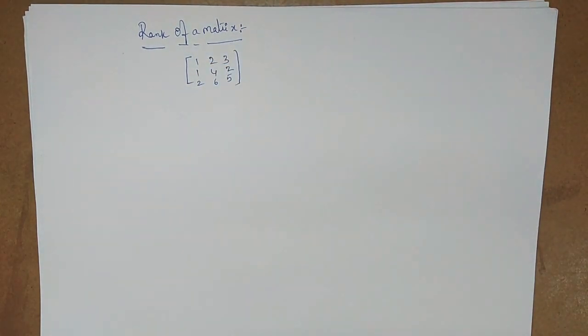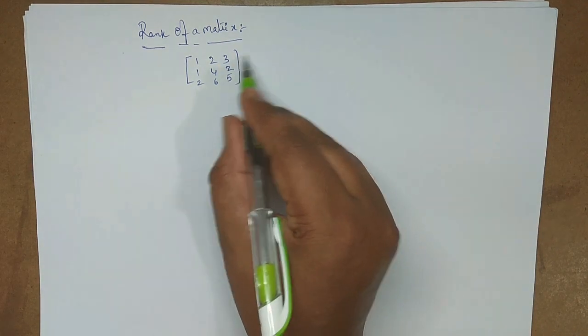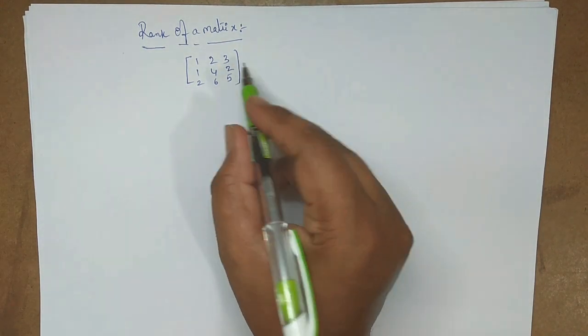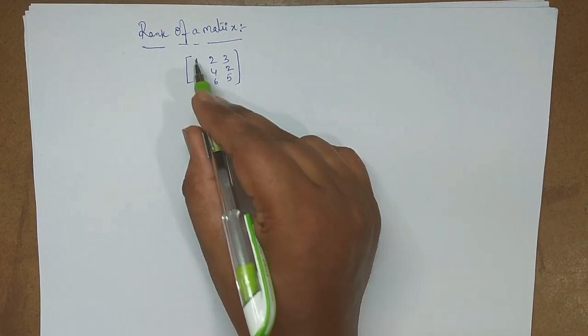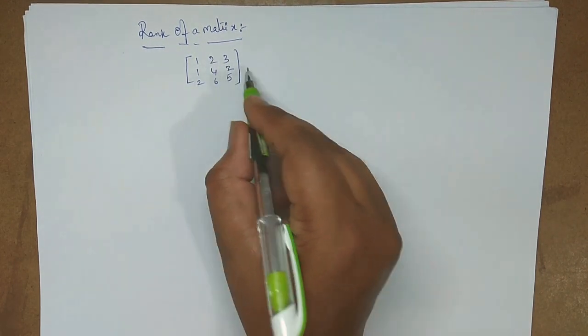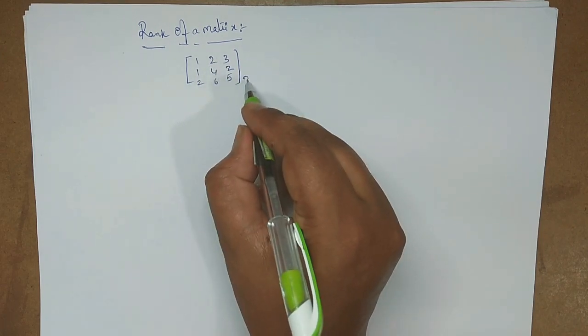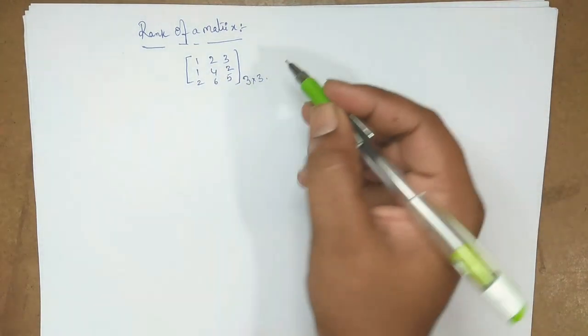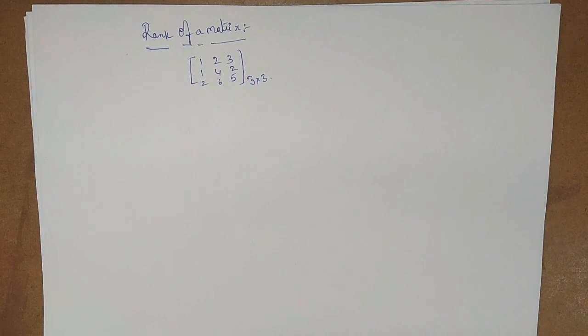Always remember that we will be able to calculate the rank of a matrix on the condition that it is a square matrix. We call horizontal elements rows and vertical elements columns. So 3 rows and 3 columns, so this is a 3 by 3 matrix. We will find the rank of this matrix.